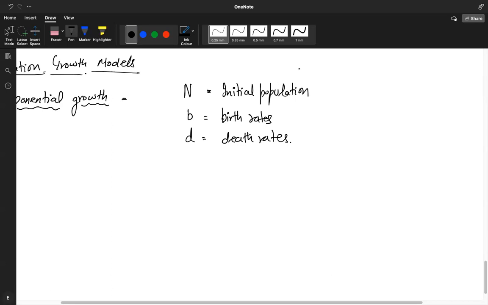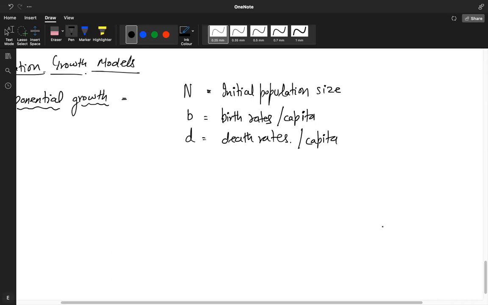So if n is the initial population size, B is the birth rate per capita, which means birth rate per capita of organisms. And this is death rate per capita.